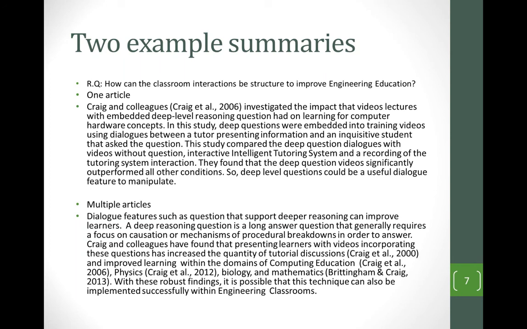A lot of people will write this as quality of tutorial discussions and improving blah, blah, blah in the domains of computing education, physics, biology, and mathematics. Then they put all the citations at the end. That is not useful for the reader. It's much more useful if you follow this structure. And then again, I end it by tying it back into our main research question.